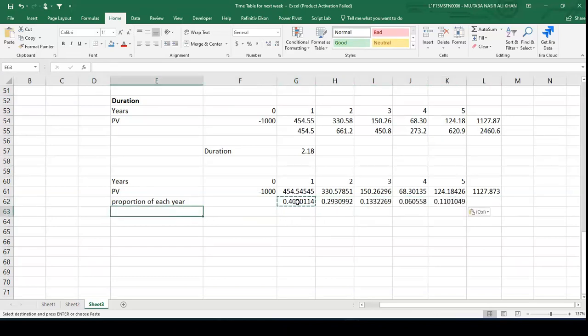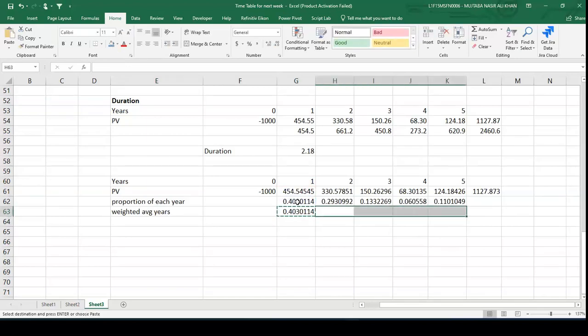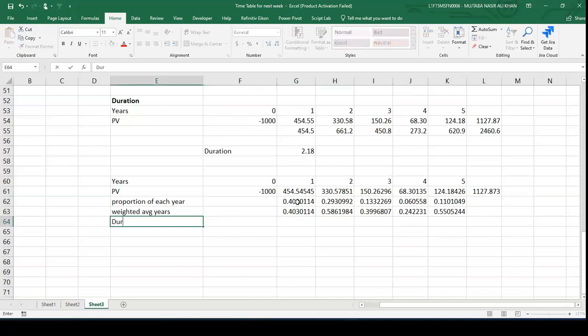Okay, then weighted average years. And then take the total duration.